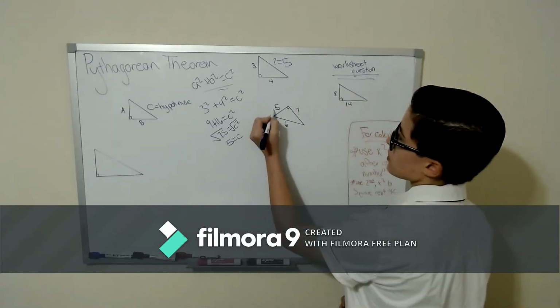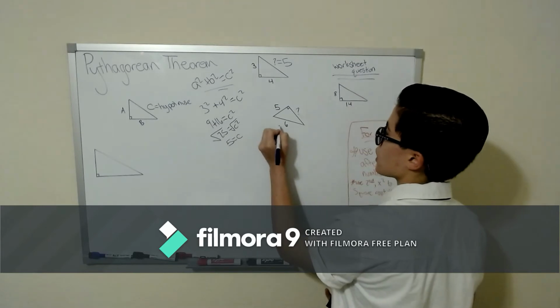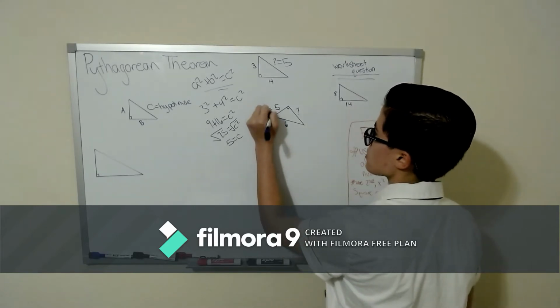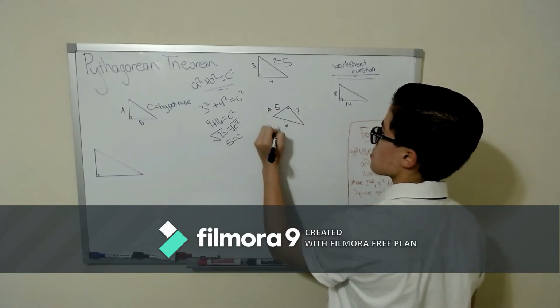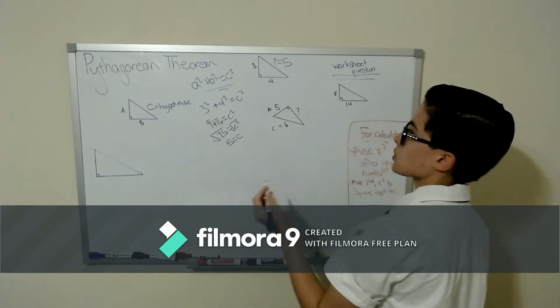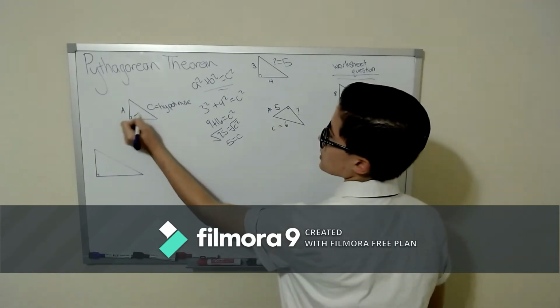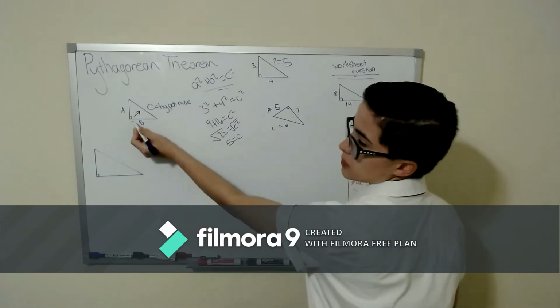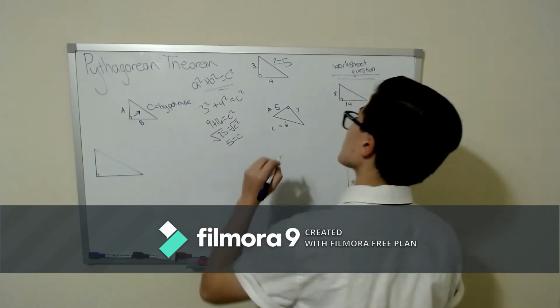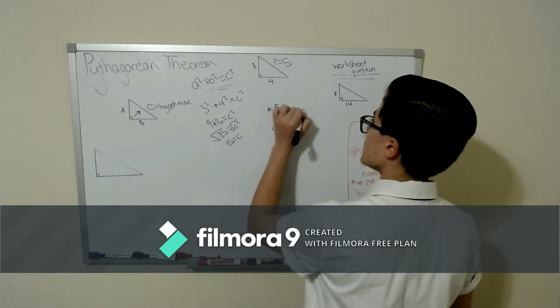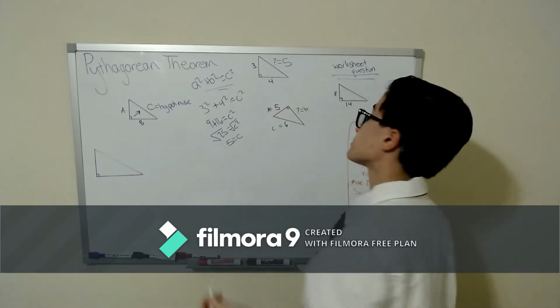However, 5 and 6. Well, a equals 5 and c equals 6 because the hypotenuse is directly opposite of the right angle. So b would be your question mark.